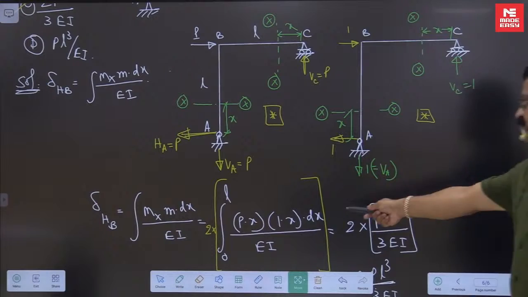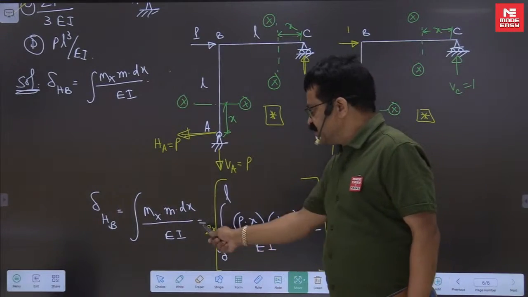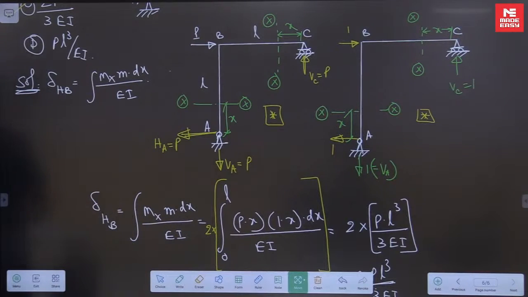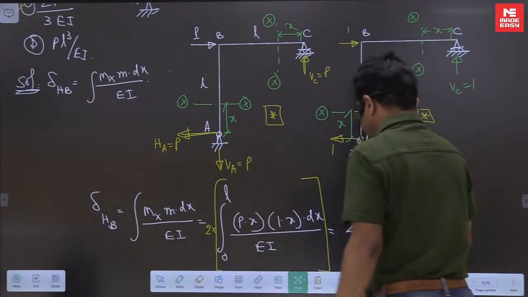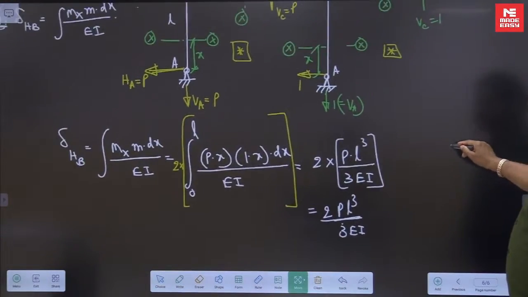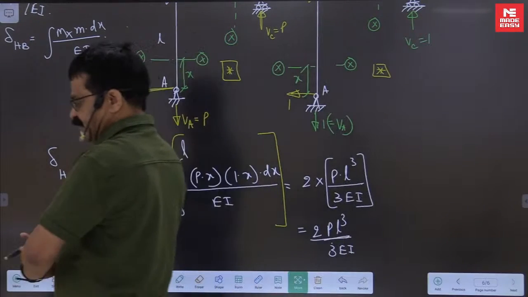Only one line, meaning only one member's contribution, multiplied by 2. So 2 P L cube by 3 EI is the answer.